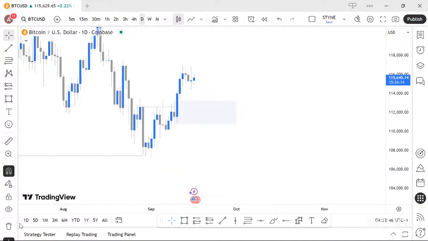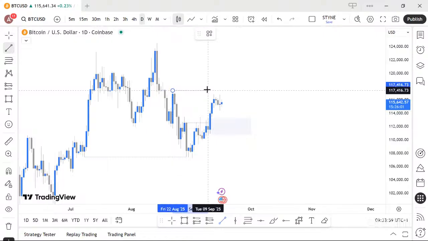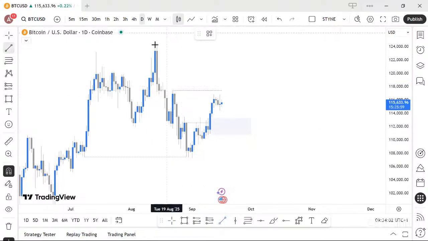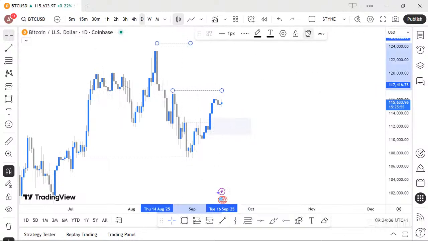So let price trade into this demand zone, then we're going to look to trade BTC to the upside. We're expecting BTC to run back to these regions, and then probably we can even start targeting this kind of area, or lastly, something like here. That's what we're looking at for BTC.